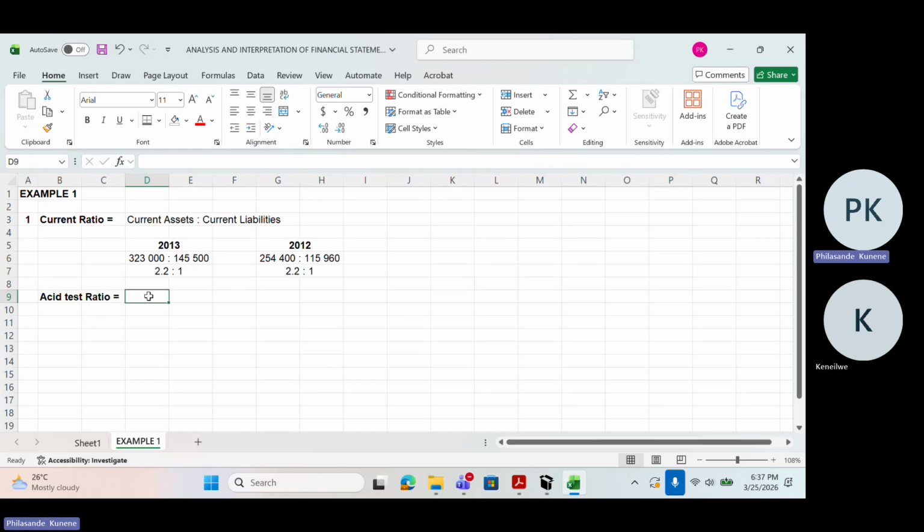We have a formula that says current assets minus inventory is to current liabilities.